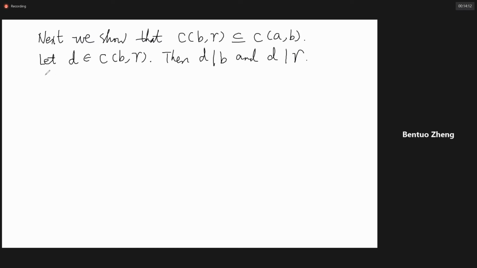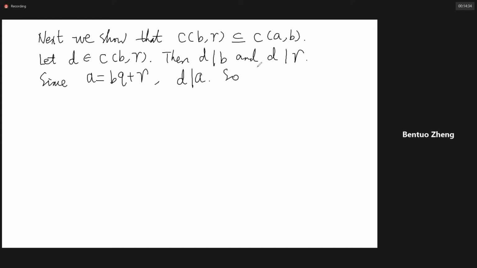So again, since we know that A is equal to BQ plus R, this means A is a linear combination of B and R. We get D divides A, okay?